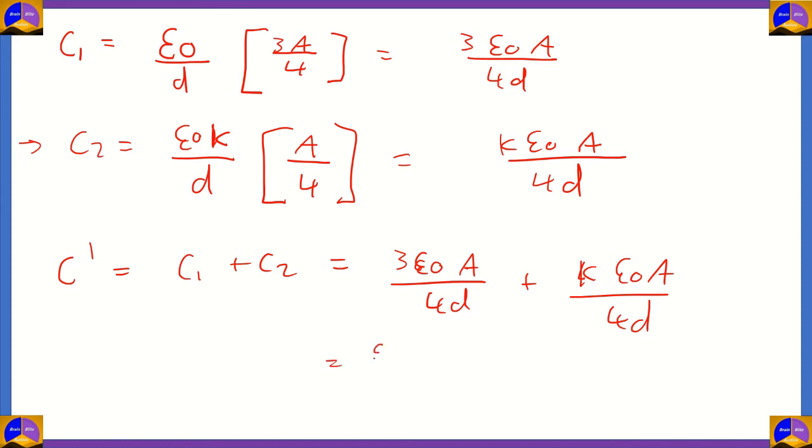So therefore you can take epsilon naught A divided by D, and then you can take 1 by 4 as well.